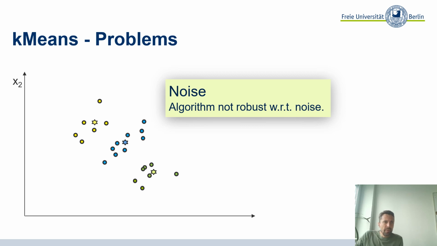The world isn't perfect, so the data will have noise, and k-means, and every mean, every average, especially the ones that we use, are to some degree susceptible to noise. So let's look at this cluster here.